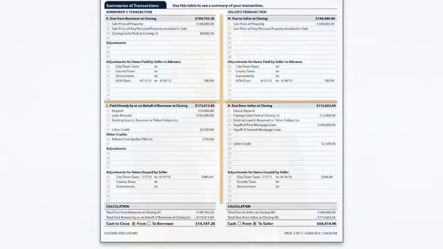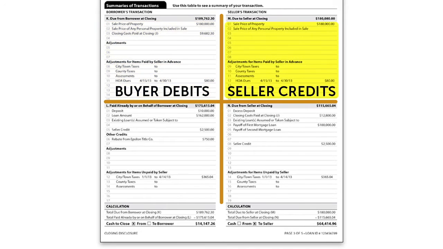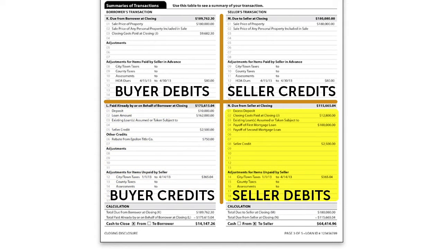The bottom 2/3 of the page 3 contains the summaries of the transaction for both buyer and seller. This area is formatted with section K as debits from the buyer and section M as credits to the seller. Section L contains credits to the buyer, and section N shows seller debits. Some lines in these sections are designated for specific items.